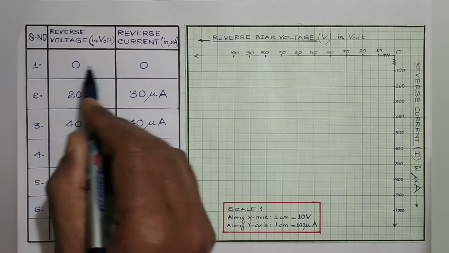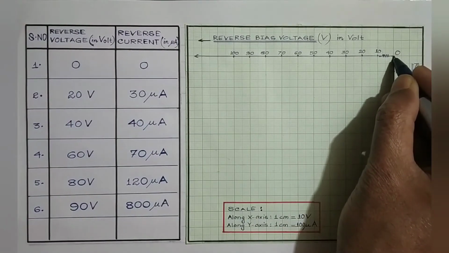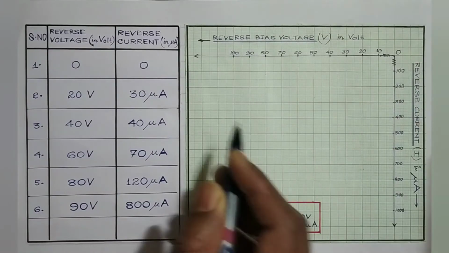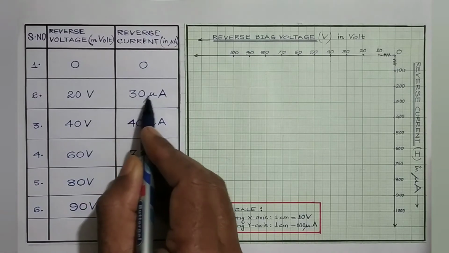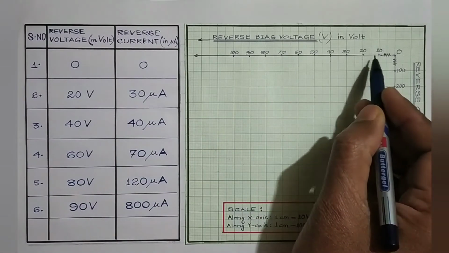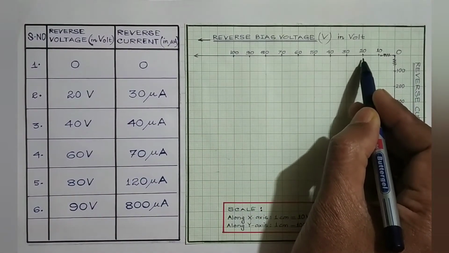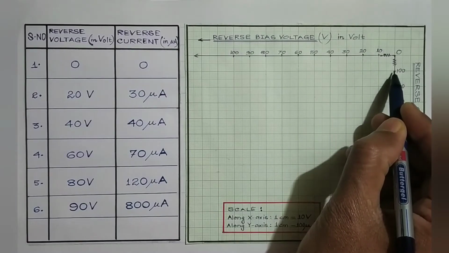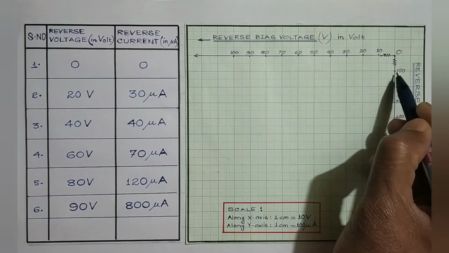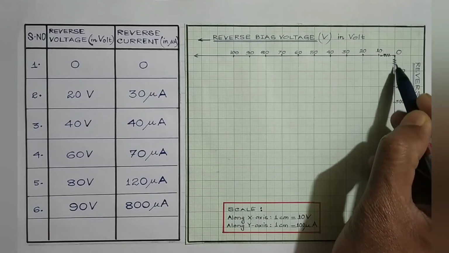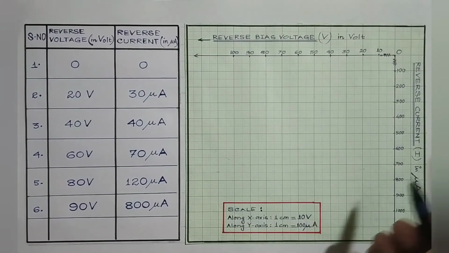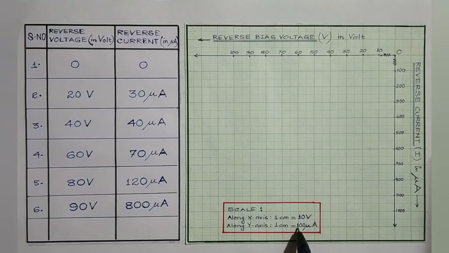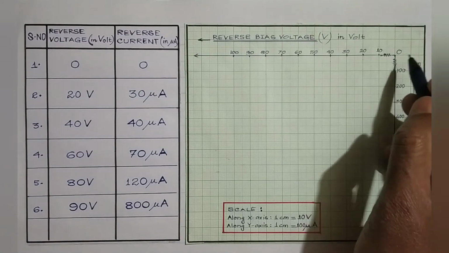First observation is 0, 0. So this is the point. Let's locate the points. Second one is 20 volt and correspondingly the current is 30 microampere. So this is 20 volt, right? And over here it's 30 microampere. Now look, there are 10 equal divisions. So one division along the vertical axis is equal to 100 microampere, that is 1 centimeter.